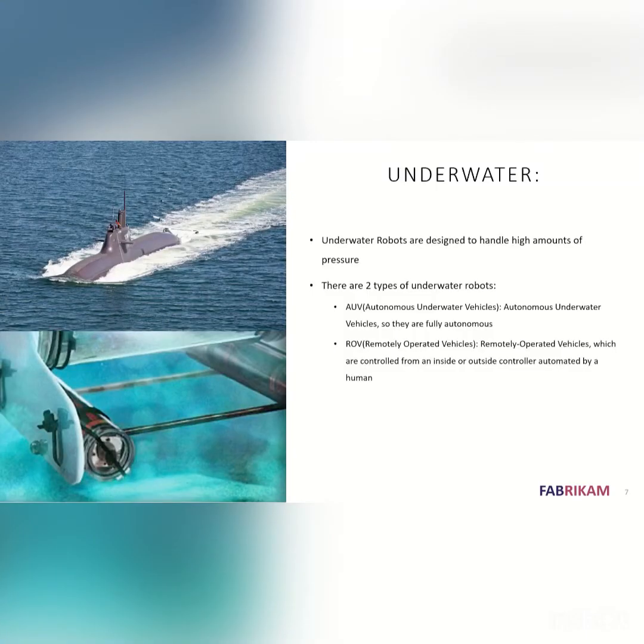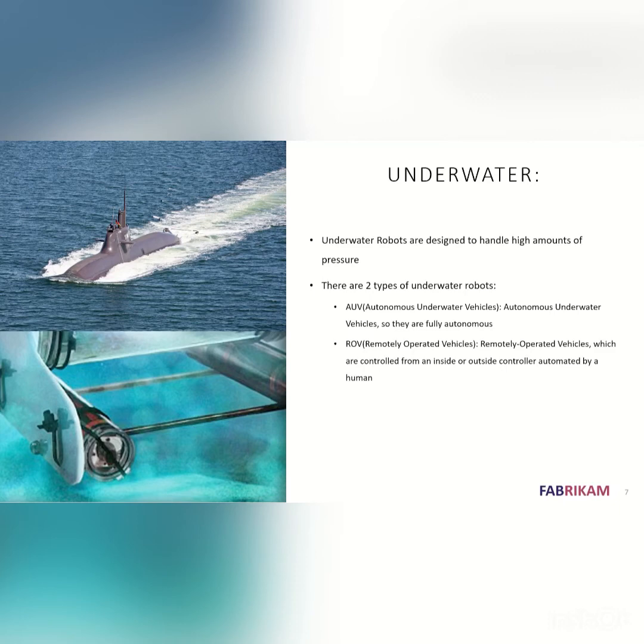Next, let's talk about underwater vehicles. Vehicles and robots are kind of switch terms, so I'll switch between those terms sometimes. Underwater robots are designed to handle high amounts of pressure. There are two types of underwater robots. AUV, which is autonomous underwater vehicles, fully autonomous.